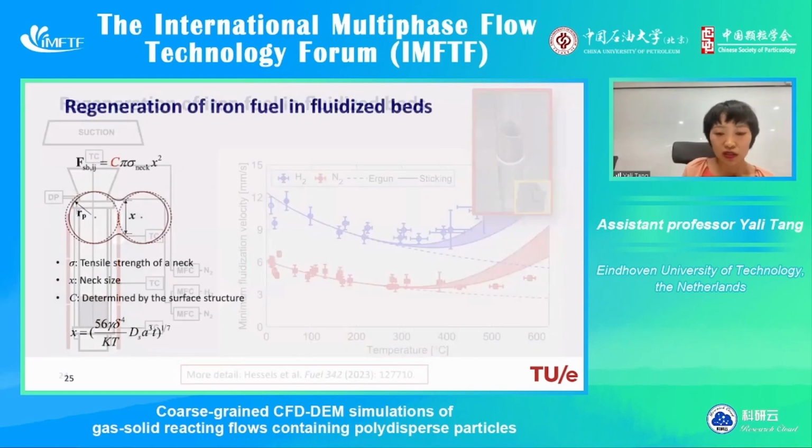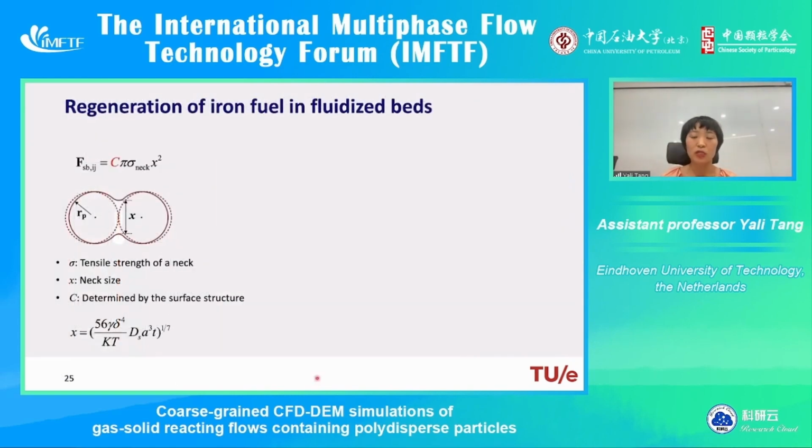And of course, to be able to simulate the sintering behavior of the iron powder in the fluidized bed, we need to add the sintering force. This is also called the solid bridge force in the CFD-DEM framework. The expression of this force depends on the tensile strength of the neck.